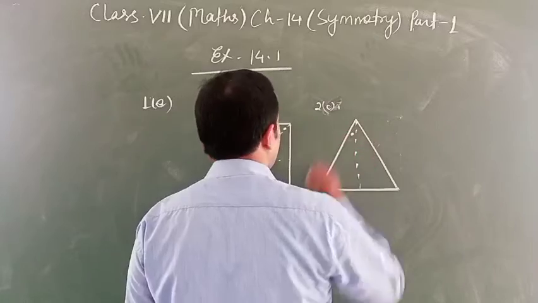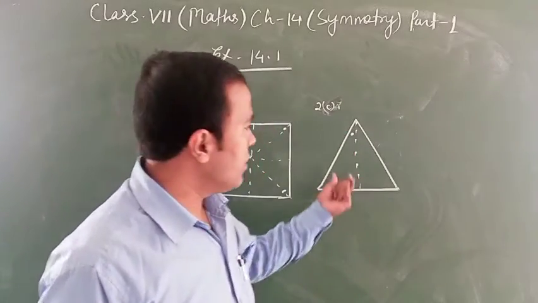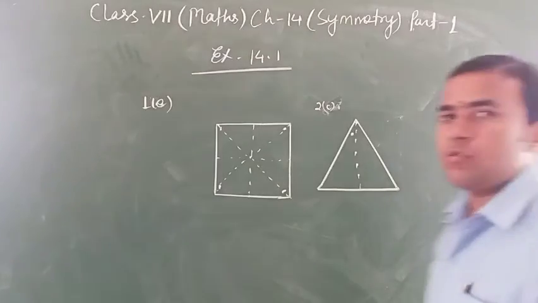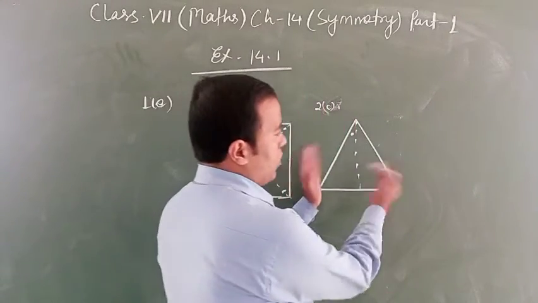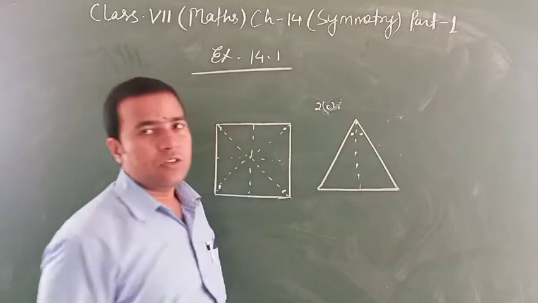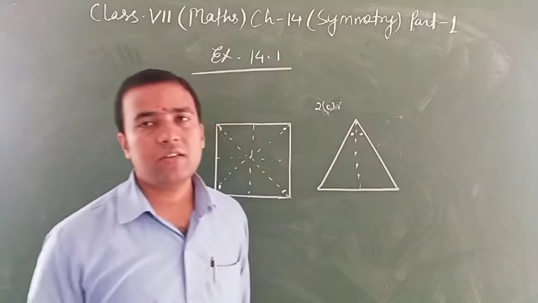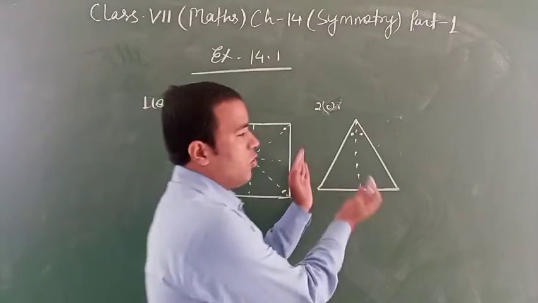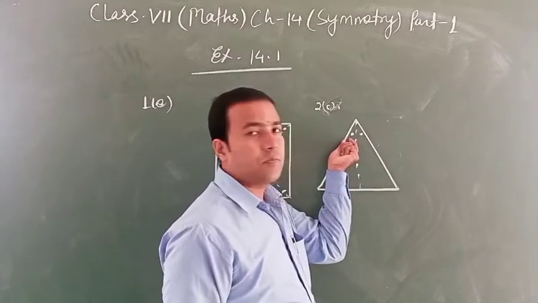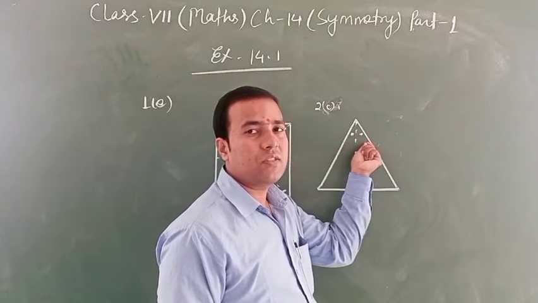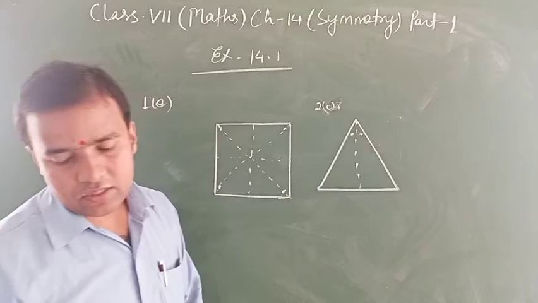In the triangle, you think where you can make a punch. Clear? So here you can make a punch. If you fold it, you will get a punch here. Clear? So one more punch you can make here, the dotted line. Clear? When you fold it, one part is punched and the second part is not punched. So you can punch this also. Okay? So that is the second question.